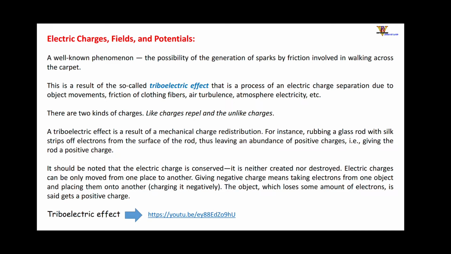Giving negative charge means taking electrons from one object and placing them onto another, charging it negatively, as in our example, silk acquires negative charge. The object which loses some electrons is said to get a positive charge. You can see the video for the triboelectric effect in the link given in the PPT.